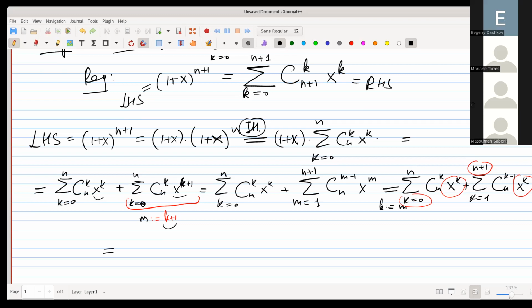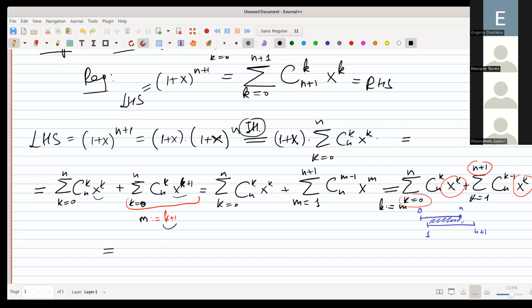Of course, but do we have any intersection of these two ranges? Here we have from 0 to n, and here from 1 to n plus 1. Do we have any meaningful intersection? Where is it? From 1 to n.